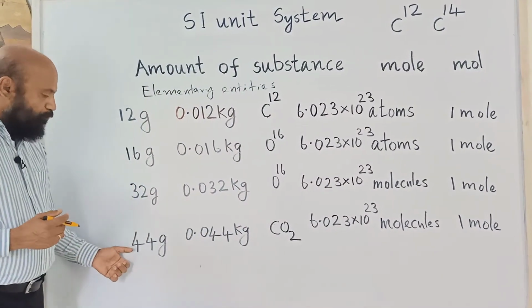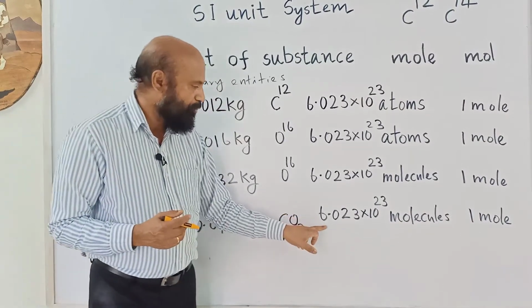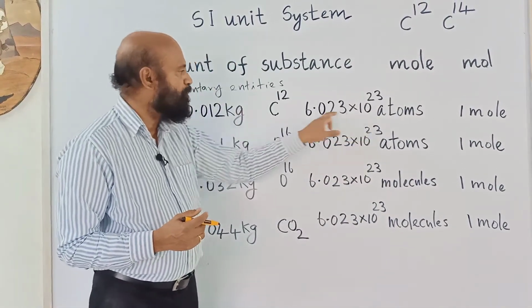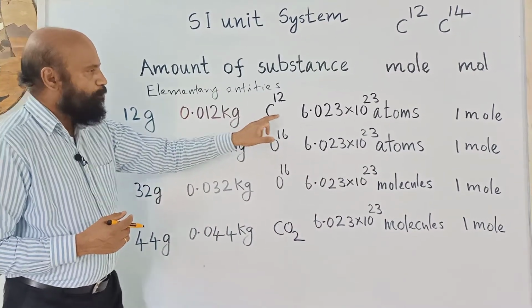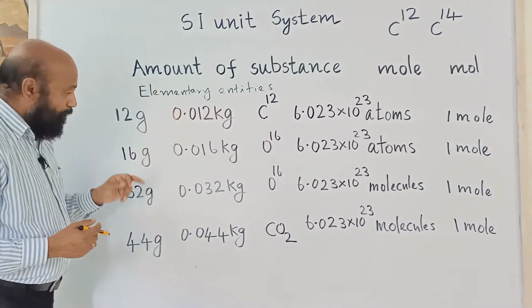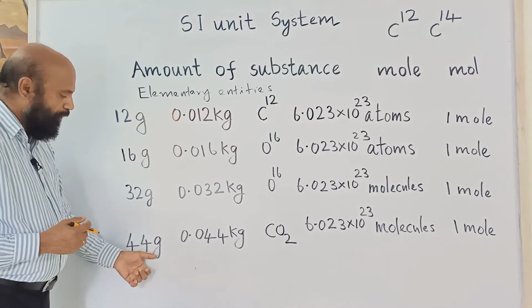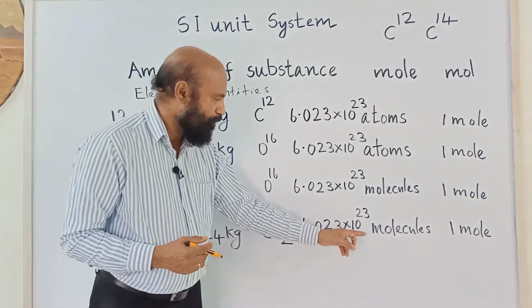Now you take 44 gram of carbon dioxide. Number of molecule is same as the number of atoms in this carbon 12, 1 mole, 12 gram. In the carbon dioxide, 44 gram, also same number of molecules.